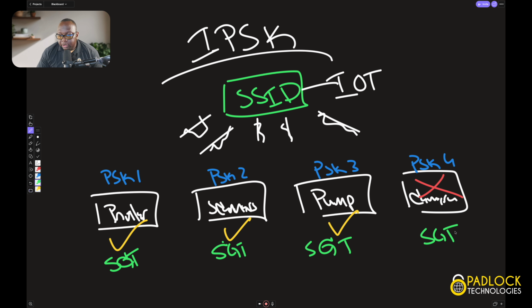SGTs and TrustSec are a little bit better, but you have to get things ready before you implement TrustSec, because a lot of people get fascinated with TrustSec and say, oh, we need to implement that, and they really didn't design their network to have TrustSec be a smooth transition. So that's first problem first. Design comes before configuration. Always remember that.